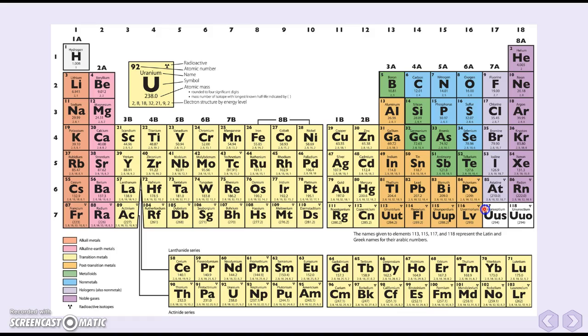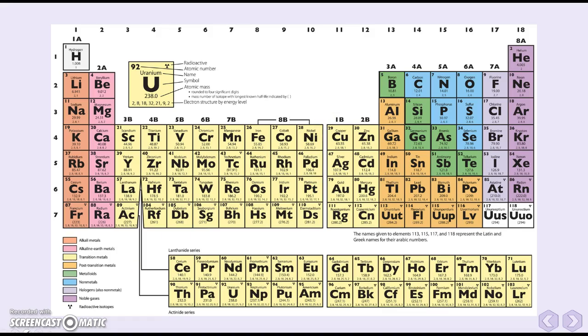To the left of that stair step, all these over here are metals. To the right of that stair step are the nonmetals. And then the ones actually touching the stair step are what we call the metalloids. And you can see that on your periodic table. The ones in green there, those are our metalloids. Everything to the right, nonmetals, to the left, metals.